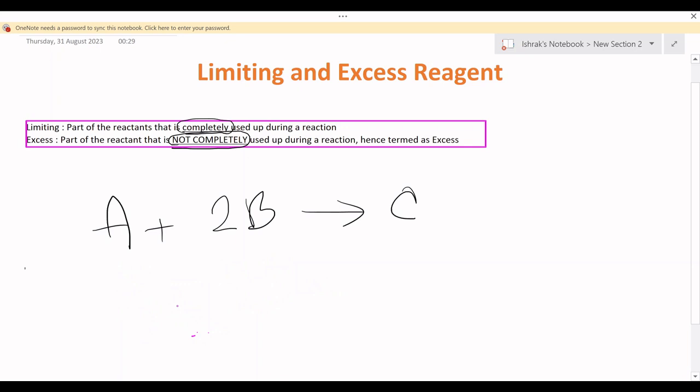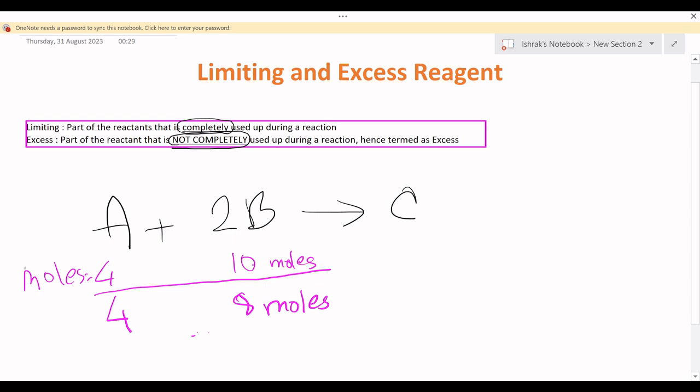So we can also now think in terms of moles, because we are going to be dealing mostly with moles. Let's just give some random numbers. We have 4 moles of A and 10 moles of B. Based on just our intuition, if we have 4 moles of A, how many B do we need? We need 8 moles.